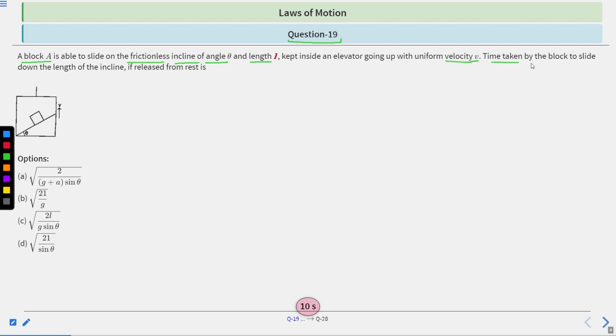The time taken by the block to slide down the length of the incline, if released from rest, is what?